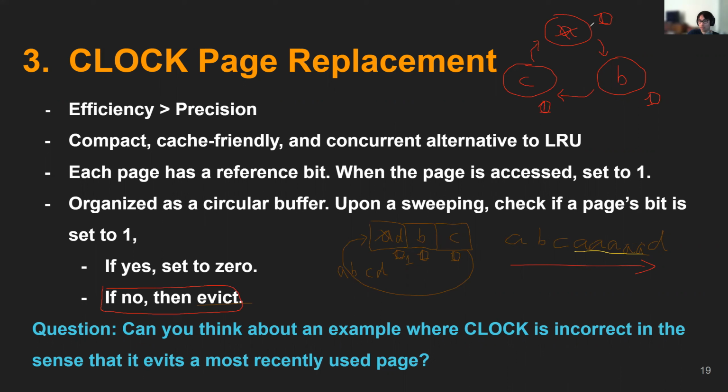So I evict A and replace it with D. Right. So that's the bad part of this algorithm, because A is the most recently accessed element, but it replaced it. But it's fast, so that's why people like it.